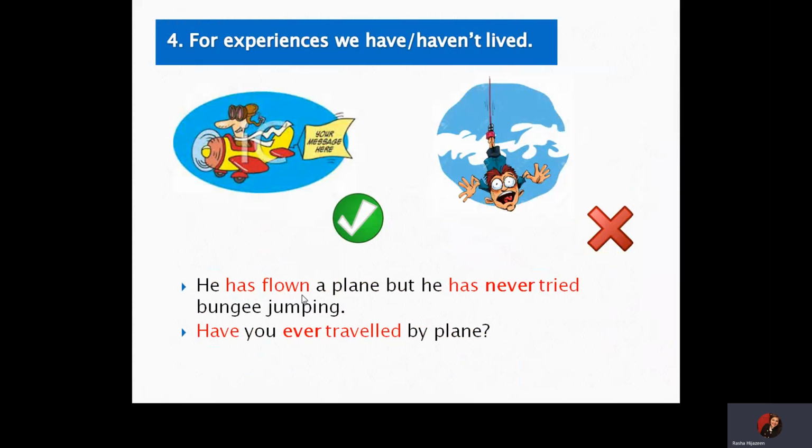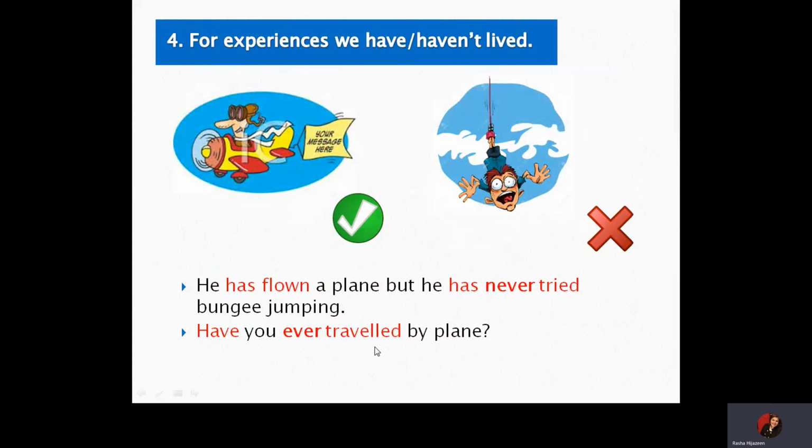He has flown a plane, but he has never tried bungee jumping. Again, he has flown a plane. We have an experience here. He has flown a plane, but he has never tried bungee jumping.